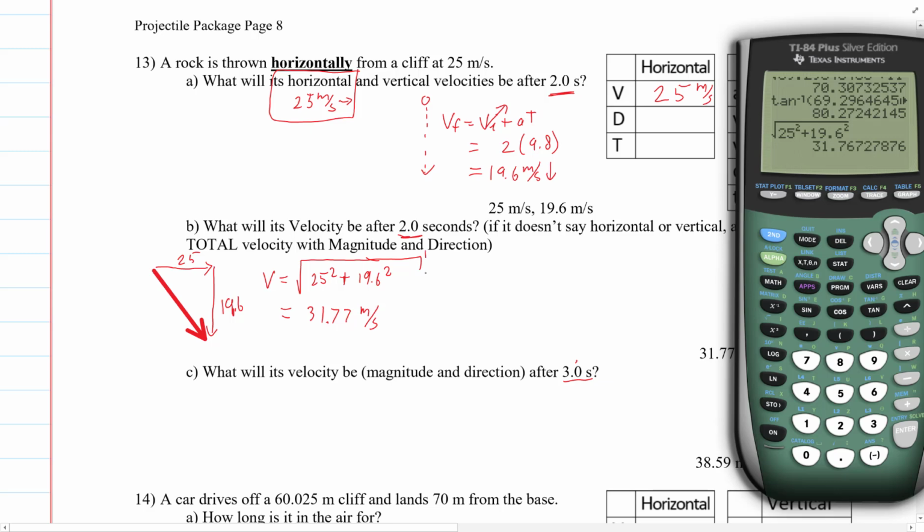And now I need the direction. Oops, don't want that line all the way down there. The direction is given by the inverse tan of the y, 19.6, over the x, 25. Notice I drew the horizontal first, then the vertical, so then I can comfortably do this. That's the opposite over the adjacent.